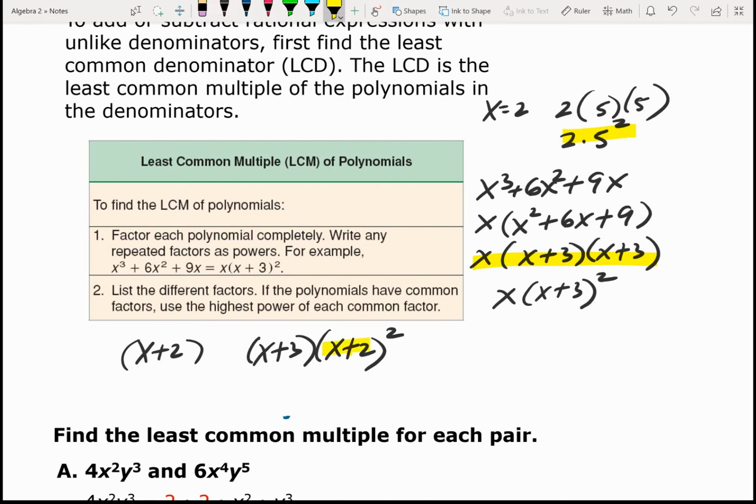My common factor of x plus 2, I'd have to use 2 of them. So my least common multiple would have the x plus 2 squared, that's the highest power, and then the x plus 3. So that would be my least common multiple.